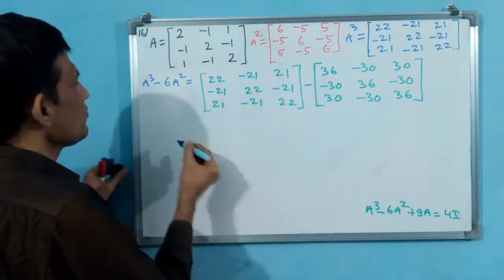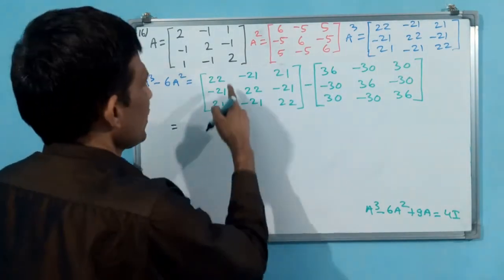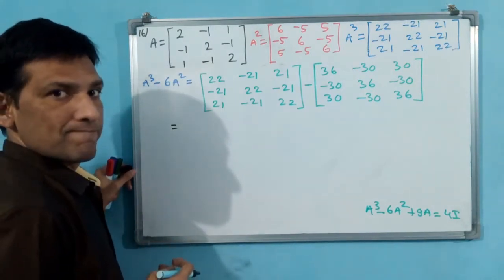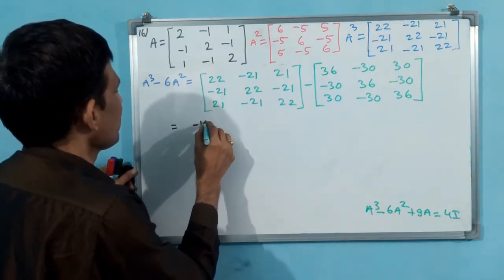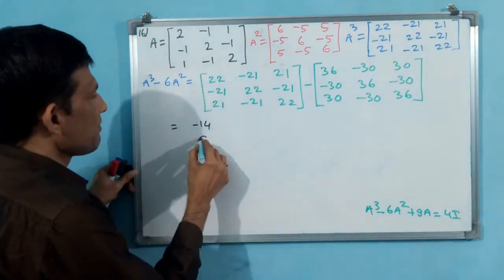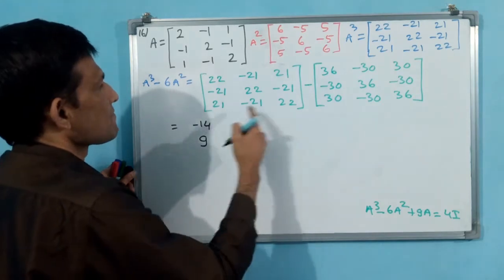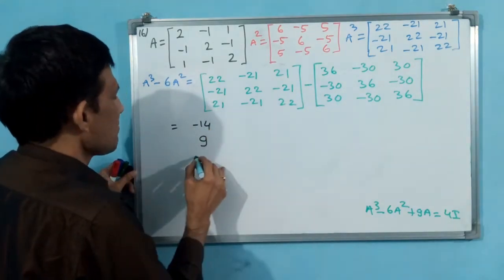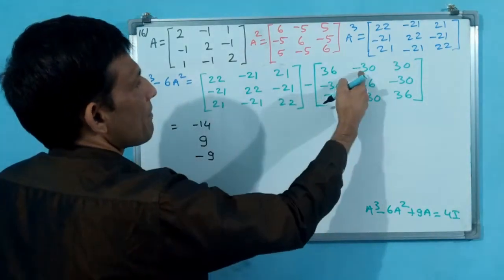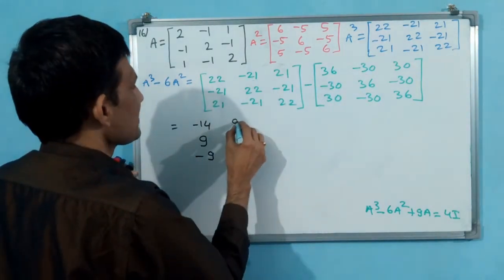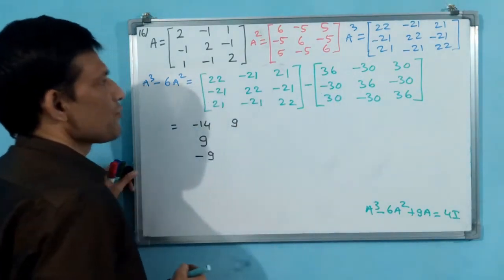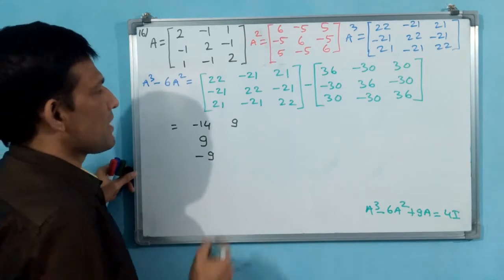First, let us do it. 22 minus 36, I think minus 14. Minus 14. Plus 30 minus 21 plus 9. 21 minus 30, minus 9. Plus 30 minus 21 plus 9. Minus 36 plus 22. Minus 14.